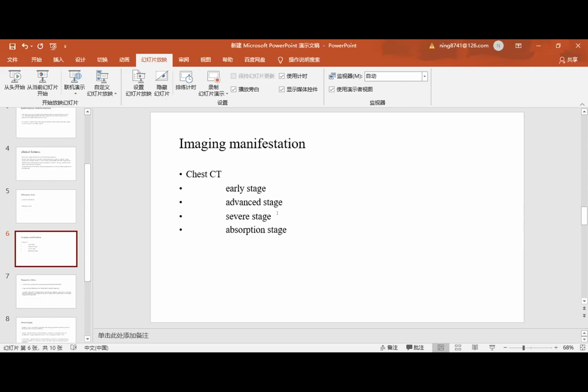Although CT is not currently the gold standard for the diagnosis of COVID-19, it still plays an important role in the early screening and differential diagnosis of COVID-19, the detection of suspected cases, and the timely assessment of changes in disease and treatment outcomes.